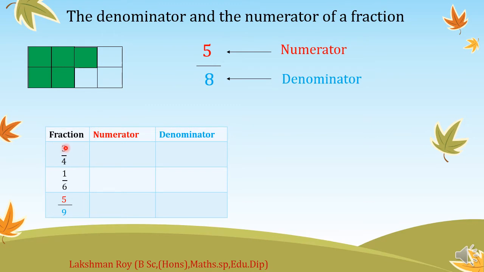So the number above the line is the numerator. The number below the line, see here 4, that is the denominator. Second fraction 1/6, the number above the line is 1. So that is the numerator. The number below the line is the denominator, 6. For this fraction, the number above the line is the numerator, that is 5, and the number below the line is 9, so that is the denominator. Understand? So try to remember those fractions, numerator and denominator.